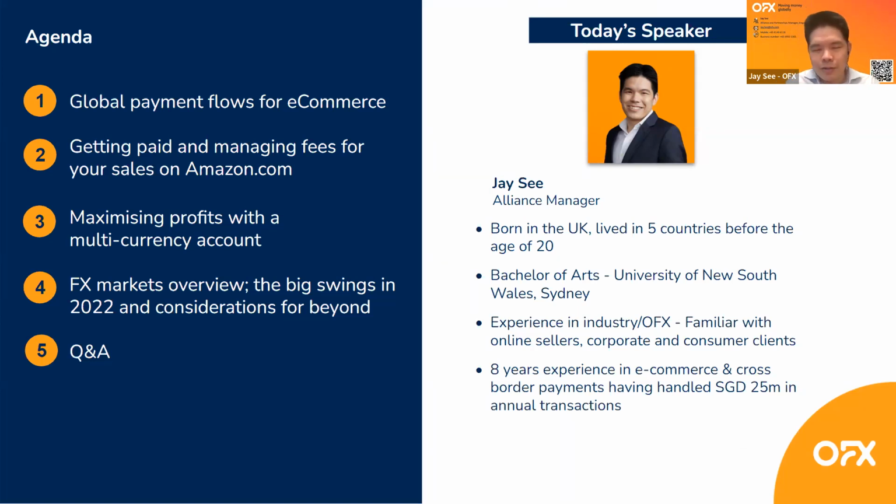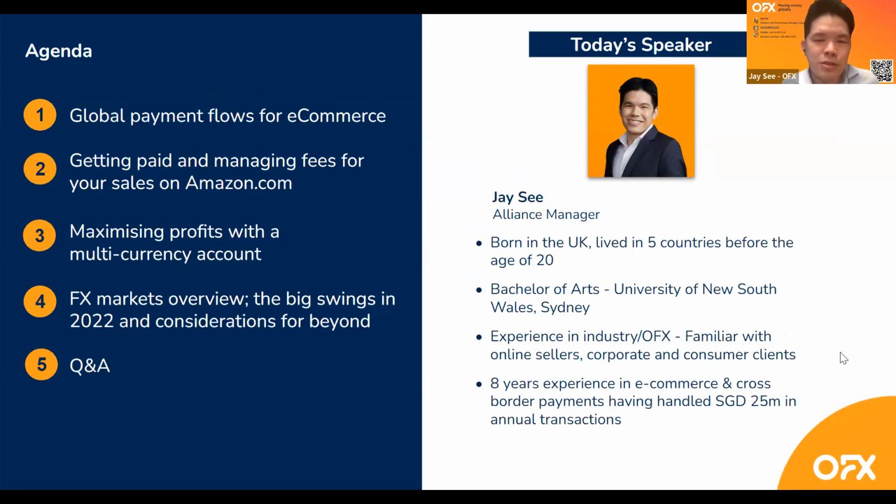Now, I'm just going to talk a bit about myself. My name is JC. I am the Alliance Manager at OFX Singapore. I was born in the UK and I've lived in 5 countries before the age of 20. That's one of those little known facts about me. In terms of education, I was educated at the University of New South Wales, UNSW for short, in Sydney, Australia.